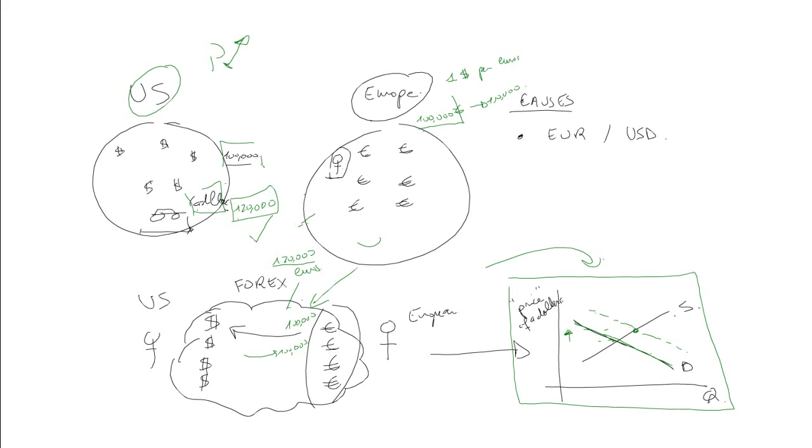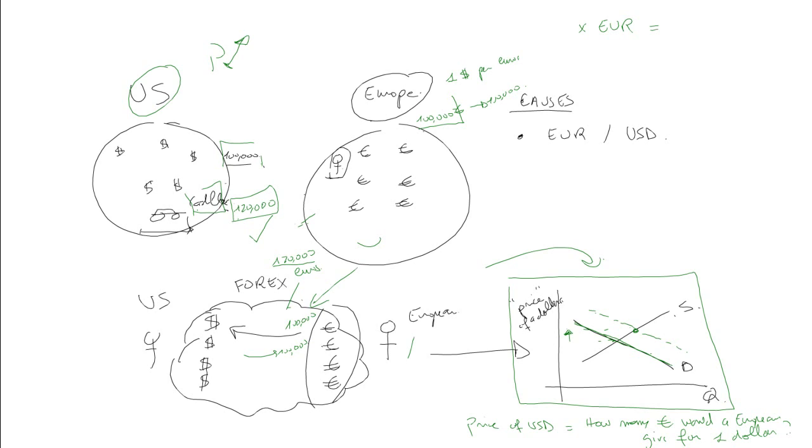So in the long run, because Europeans are demanding more dollars, the price of a dollar will go up. The price of a US dollar is how many euros a European would give up for $1. Because the demand for dollars is going up, the price of the dollar is going up, and the price of a dollar is denominated in terms of how many euros.